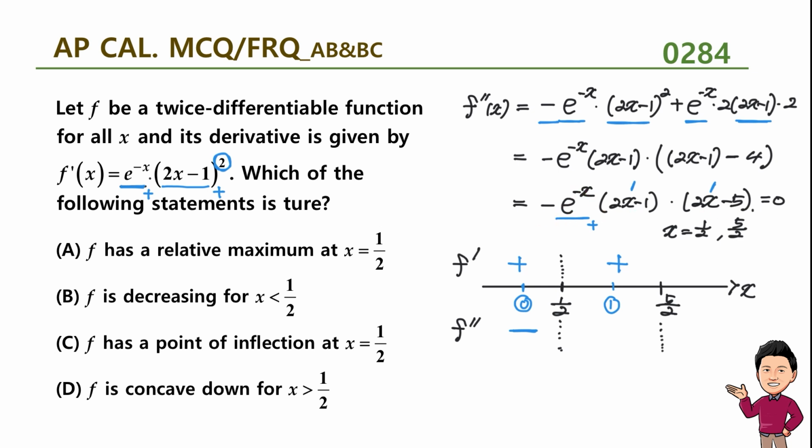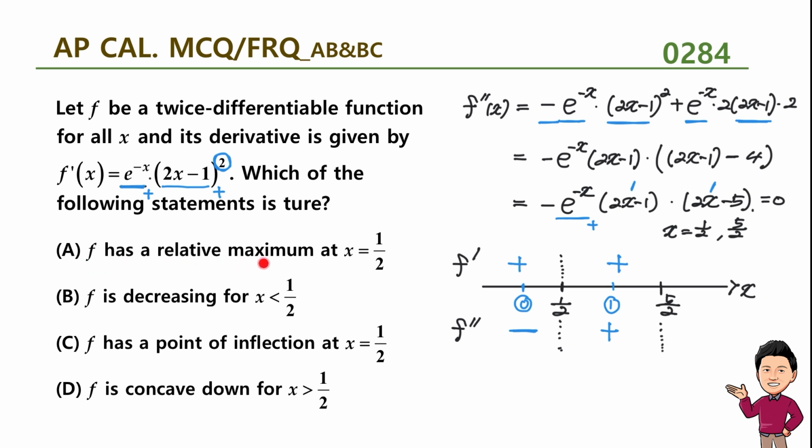So we have two negatives multiplied together, and that's going to be positive here. So far so good. So let's look at the answer choices now.